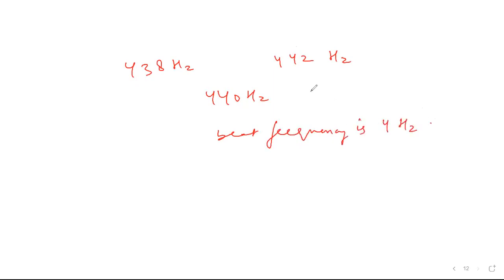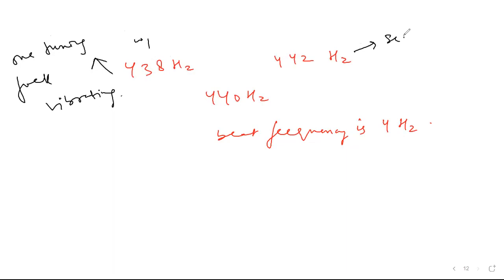Let me explain. I'm saying if one tuning fork is vibrating, let it be my omega 1, if it vibrates at this frequency 438 hertz, right? And second tuning fork is vibrating at 442 hertz.